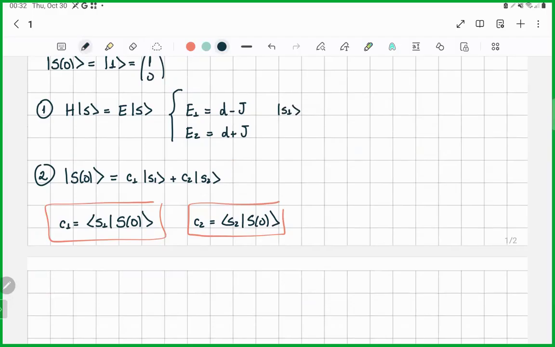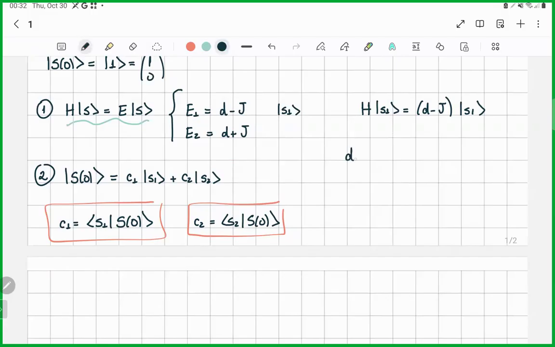Well, whatever this S1 is, it follows this equation. So I'm just going to write that equation. Now, that equation is Hamiltonian S1. The energy associated with S1 is D minus J, S1. All right. What is the Hamiltonian?